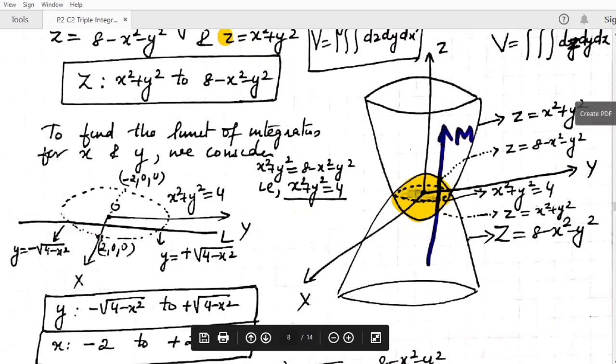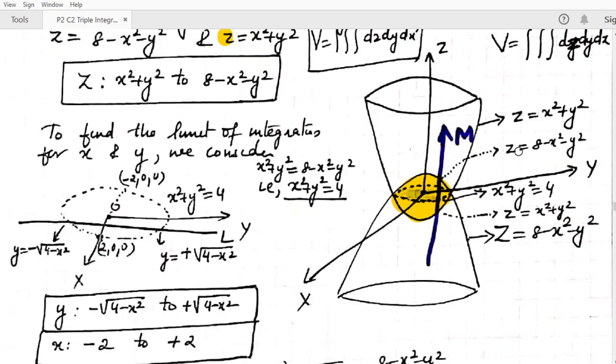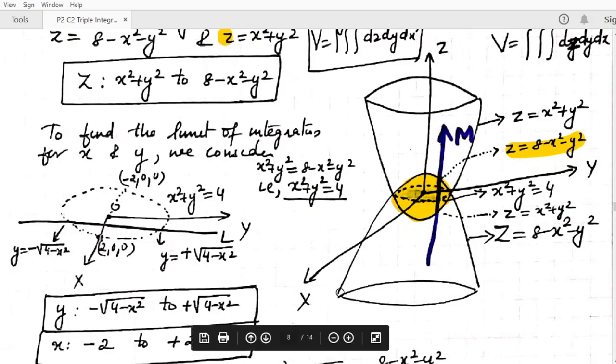So for the first equation, z equal to 8 minus x square minus y square, we see that the coefficient of z is negative, so our paraboloid will be in the downward direction.